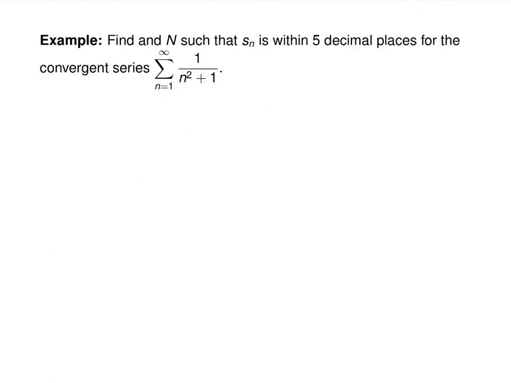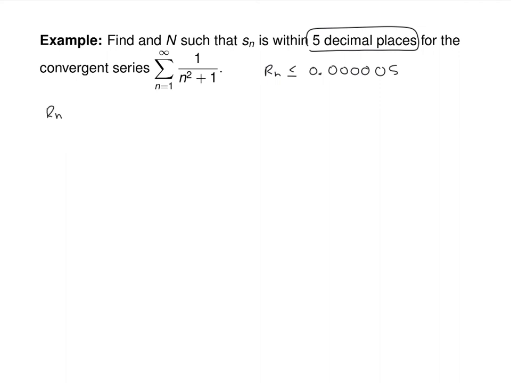And the last question is to find a capital N such that the partial sum S of n is within 5 decimal places. So what that means is that you need your remainder to be less than or equal to 1, 2, 3, 4, 5 zeros and a 0.5. And that will allow you to have some kind of rounding error, but that will get you 5 places that are matching.